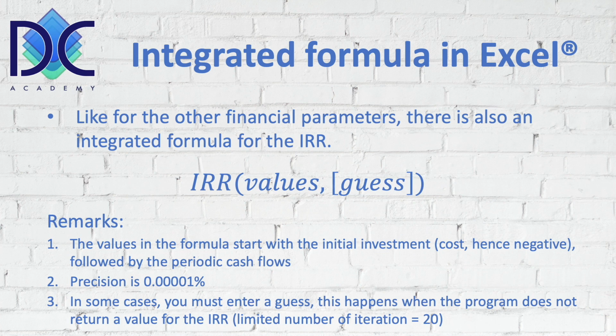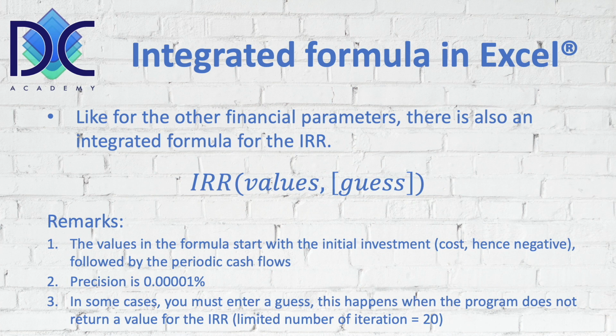It means that in some cases the formula doesn't find a solution with the desired precision or the program precision. Why is that? Because Excel only gives 20 iterations. So when we need more than 20 iterations, the formula will return an error.